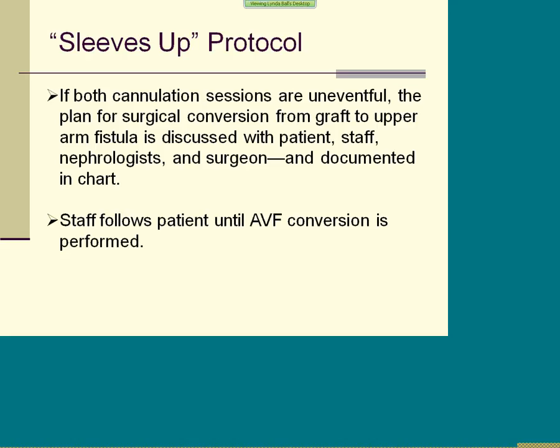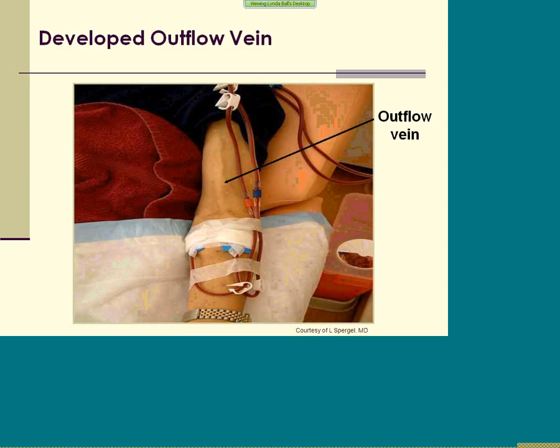Some people say, well, if that graft still works, why would I let that go? That's valid, and you may not want to let that go. So that's where everybody gets together and has a plan for the right time to do that conversion. And then we follow that until the conversion occurs.